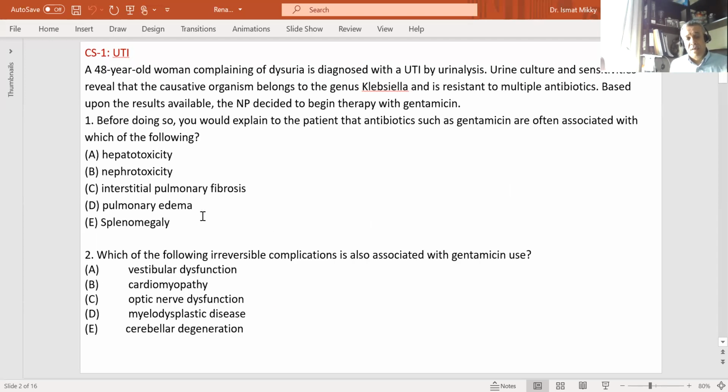Which irreversible complication is also associated with gentamicin use?